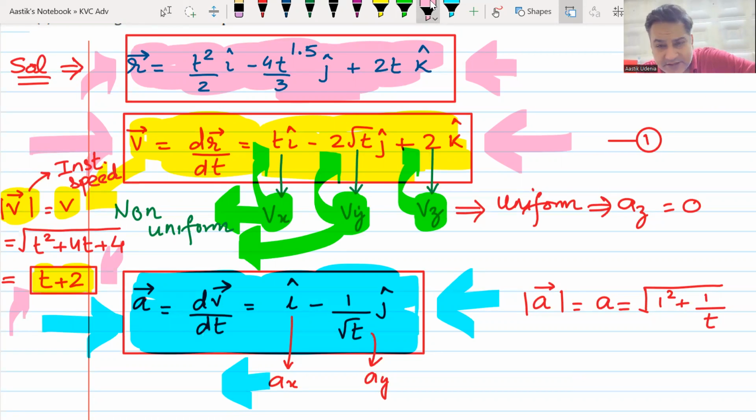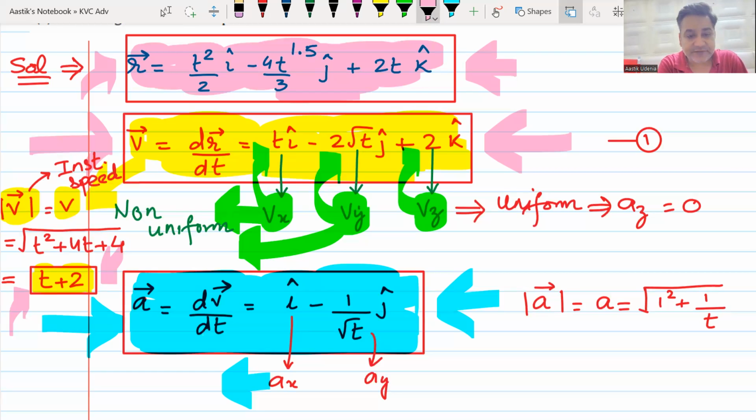That was the reason we had calculated instantaneous speed. And that was the reason that this question had t raised to the power 1.5 and all those terms, because they wanted to make this speed come in a very nice fashion as t plus 2. That was the reason that this question had 1.5 in the equation for position. Speed is t plus 2.